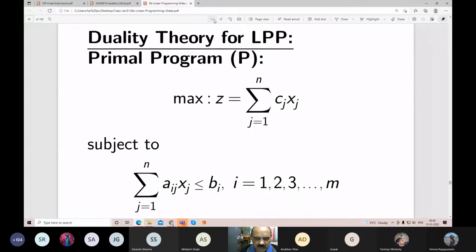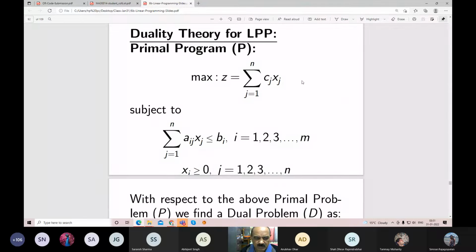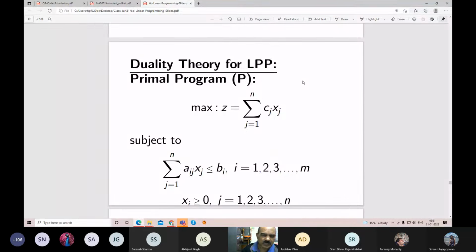This slide I gave to everybody in the very beginning. I'll make it a little smaller. This is the problem, a linear programming problem. In this linear programming problem, there is an objective function of maximization type.